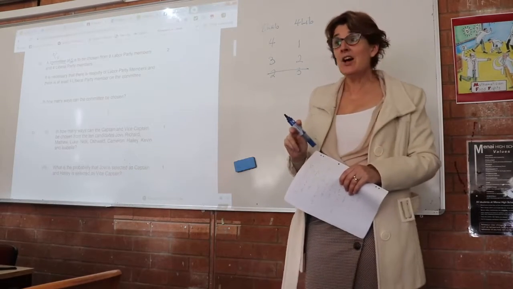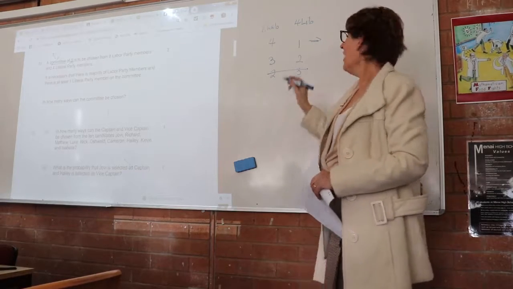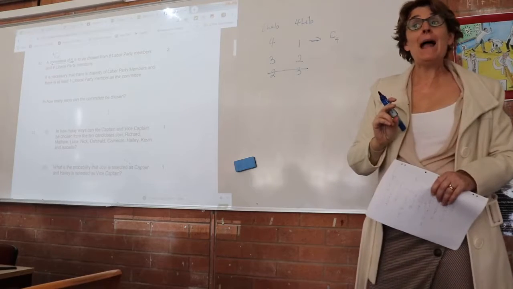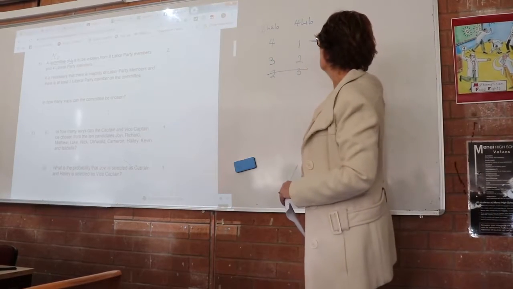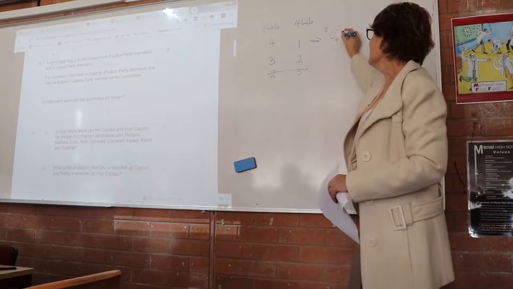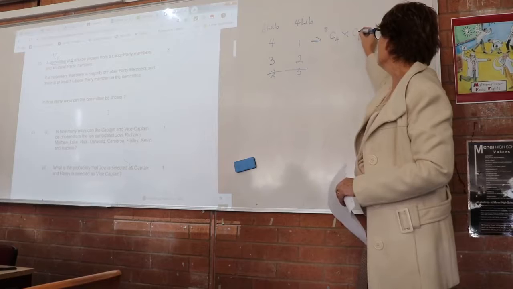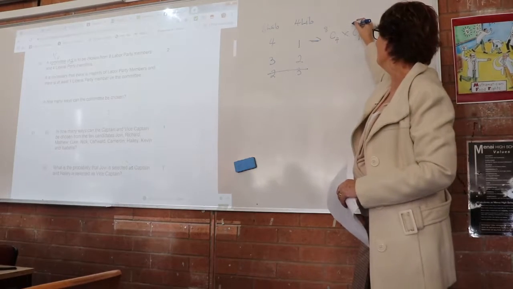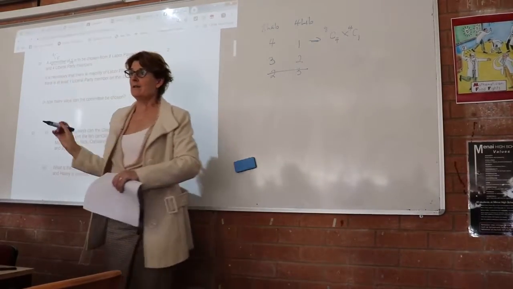So, to work out that one, I'm choosing 4 Labor people from how many? I had 8 Labor members to choose from. And I need 1 Liberal member from a possible how many? 4 Liberal Party members.